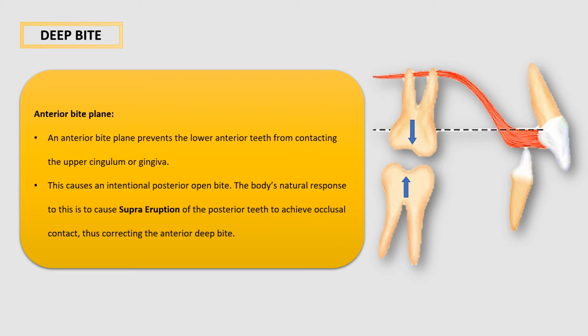This results in an intentional posterior open bite, and nature's response would be to supra-erupt. Alright, so there will be supra-eruption of the posterior teeth to achieve occlusal contact, thereby correcting the anterior deep bite. So when the anterior bite plane is removed and the posteriors occlude, the anterior teeth would have moved or would be placed in such a position which establishes normal bite.